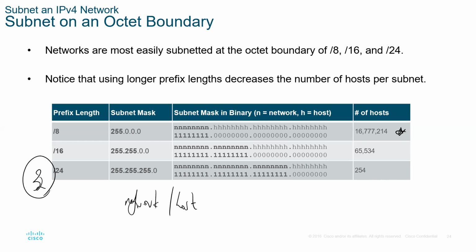We know that. Now, let's say we have an address 192.168.10.10, and our mask is /24. It means our prefix length is /24, and our subnet mask is 255.255.255.0.